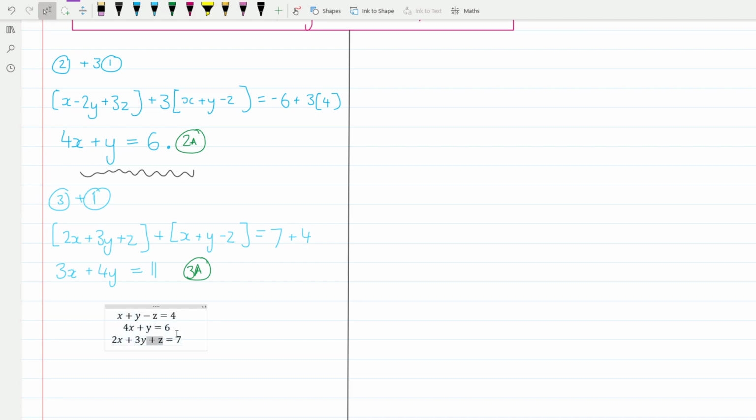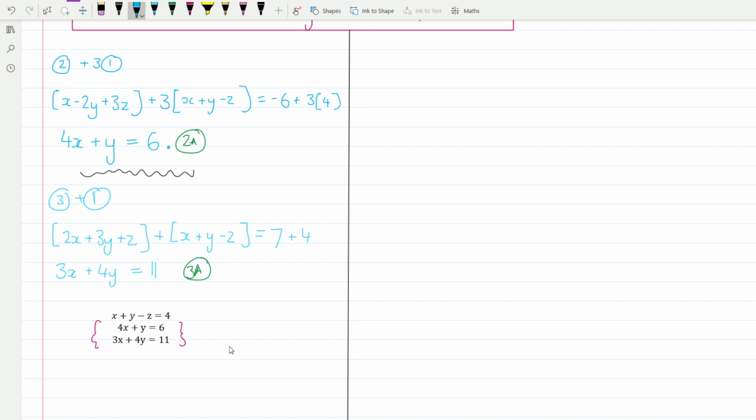And the bottom equation has become 3x plus 4y equals 11. Cool. So now what I can do is just focus in on these bits. I'm sort of zooming in on that bit, and I should be able to work out what that is. Just that system of 2x2 simultaneous equations.